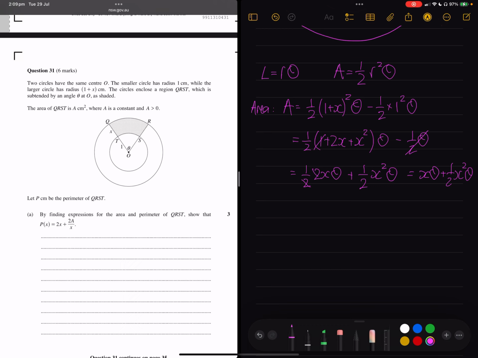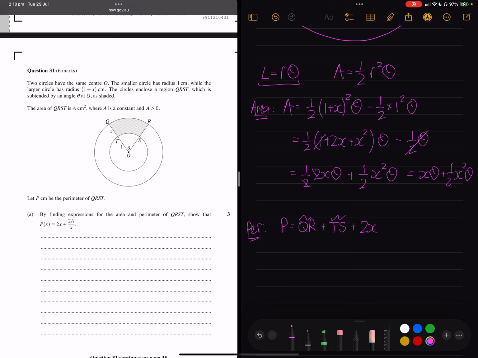Now the perimeter of the shape, or the section around the outside of this shape, is going to be the QR curved section, the TS curved section, plus 2x, because the x's are the sides. So the perimeter P will be the curved section, which we'll write as Q to R with a little arc above it to indicate its curve, plus T to S, plus 2x. We're going to use the arc length formula.